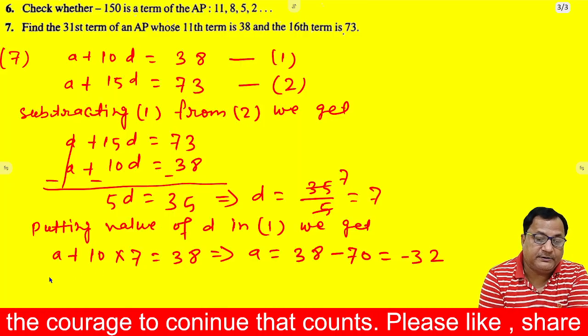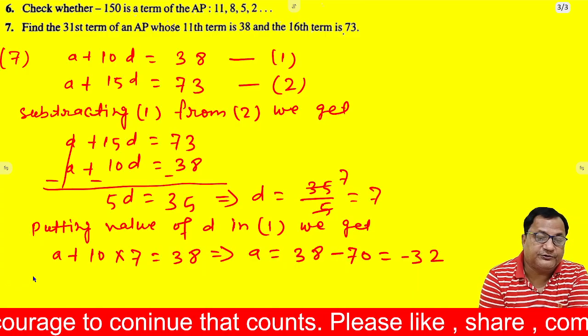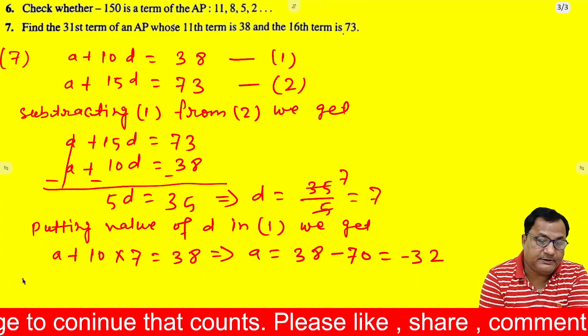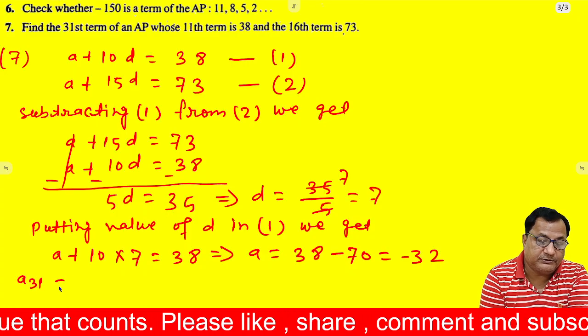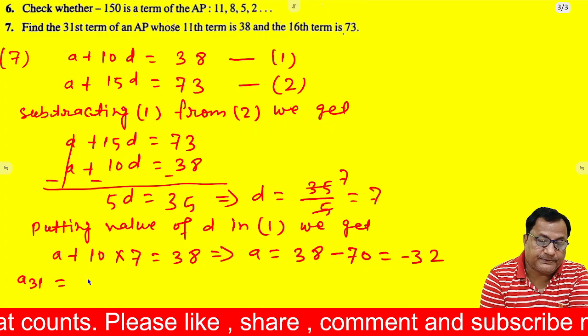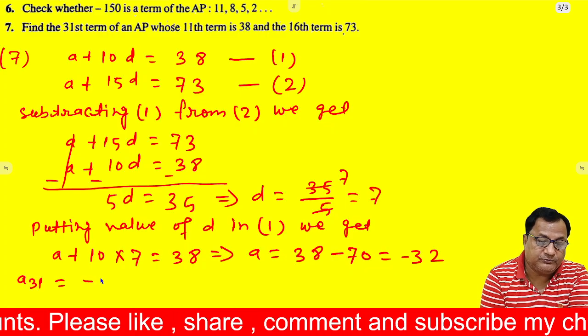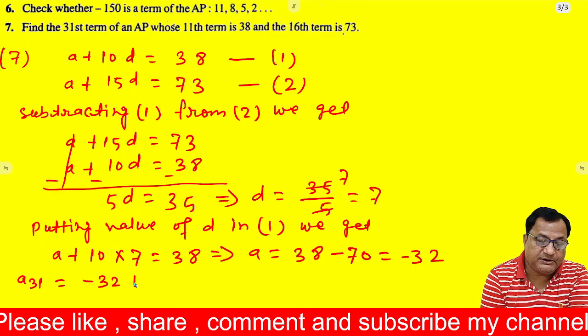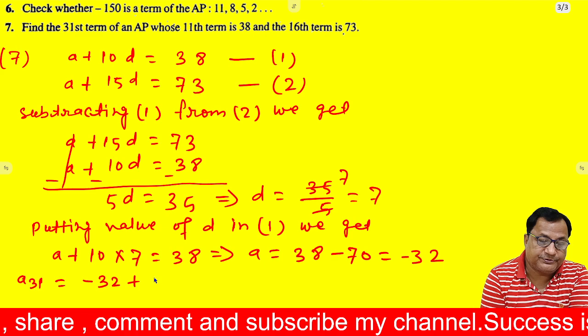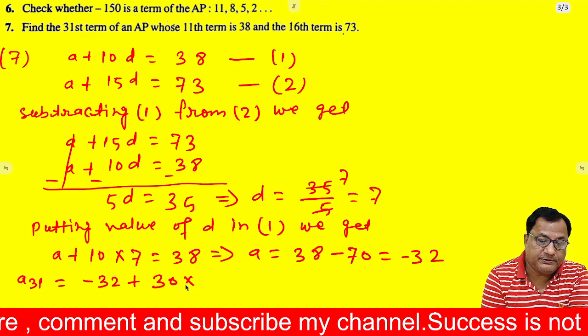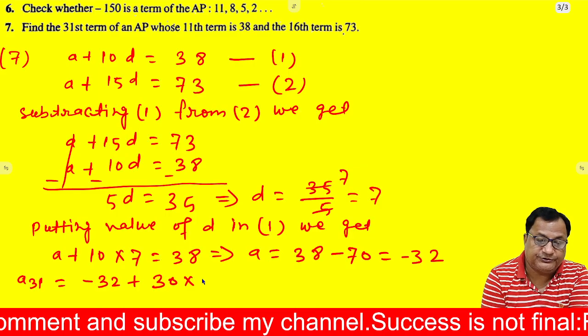Now we have to find the 31st term. a31 is equal to a, which is minus 32, plus 30 into d, d is 7.